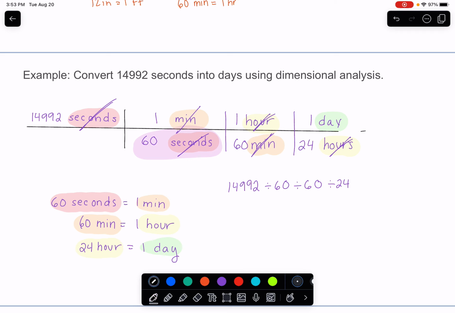All right, so after I plug those numbers into my calculator, 14,992 divided by 60, divided by 60, divided by 24, you get 0.17352 days. So a fraction of a day, not an entire day. It's about a little less than a fifth of a day. Okay, so that is how you would set these up.